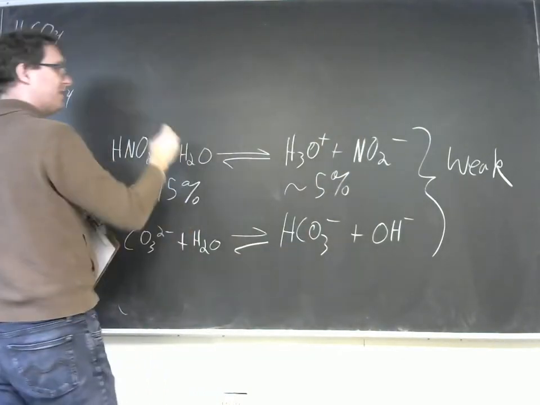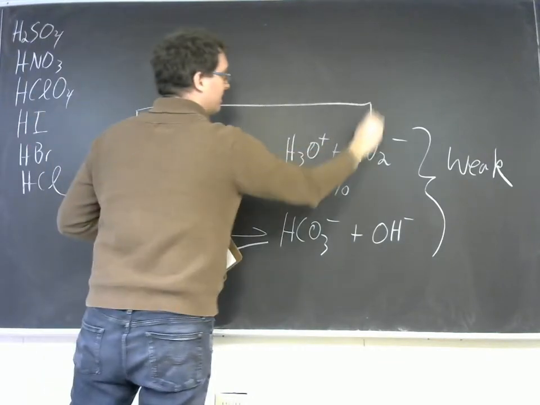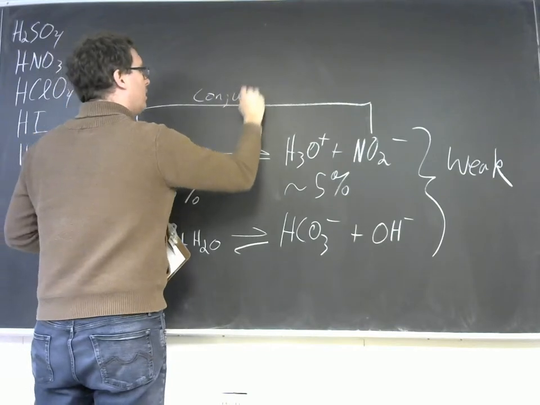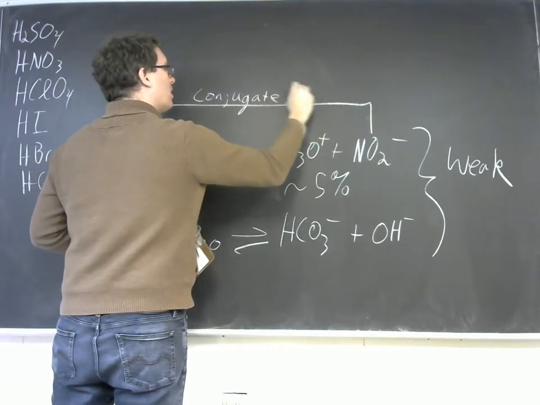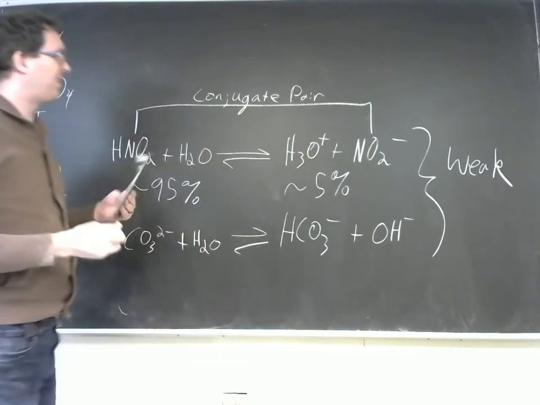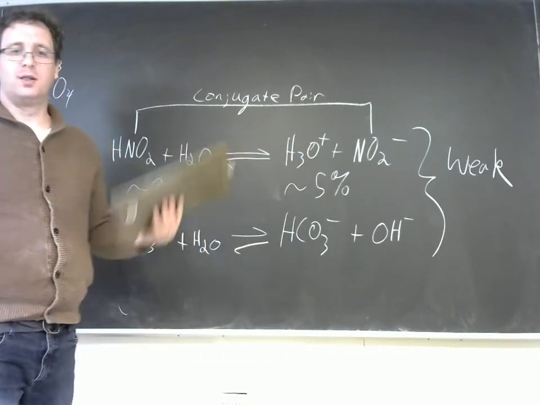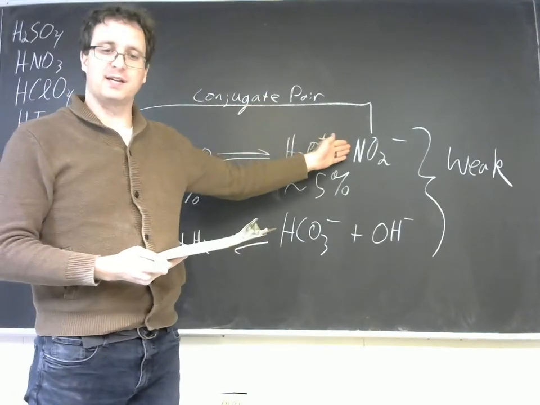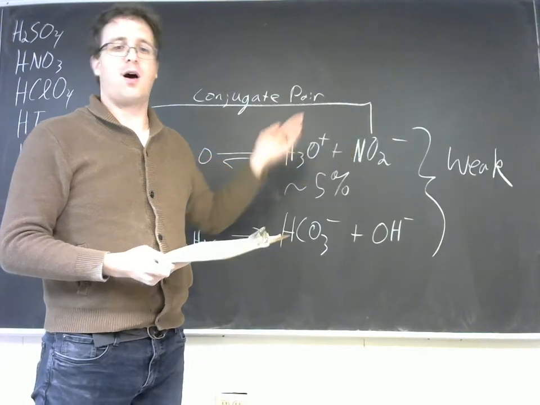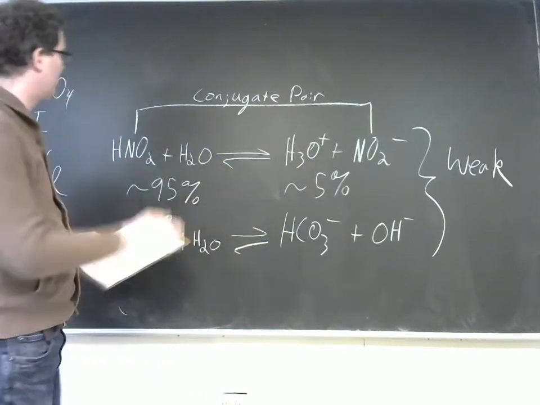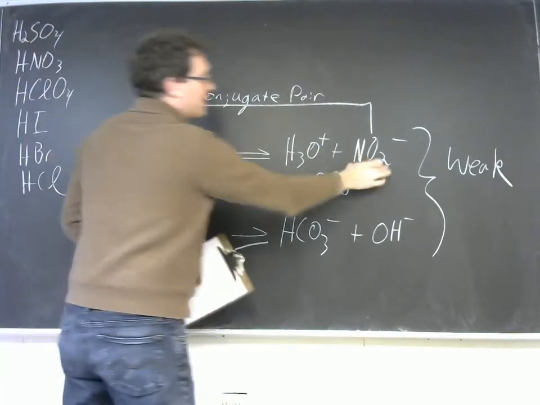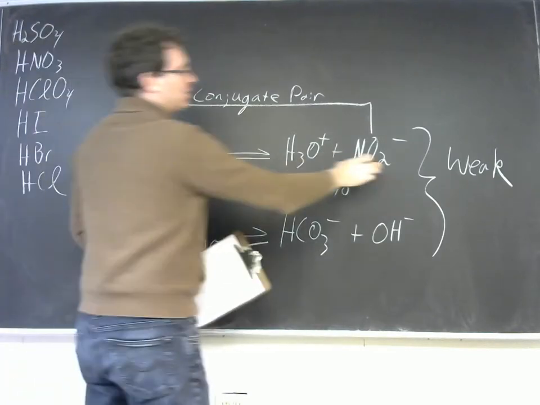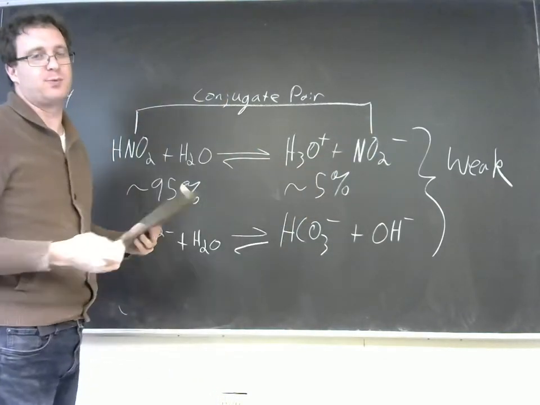And if I identify nitrous acid and nitrite ion as a conjugate pair, then their strengths are linked. The acid strength of nitrous acid and the basic strength of nitrite ion are linked together, such that the stronger this one is, the weaker its conjugate will be. The weaker the acid is, the stronger its conjugate base will be.